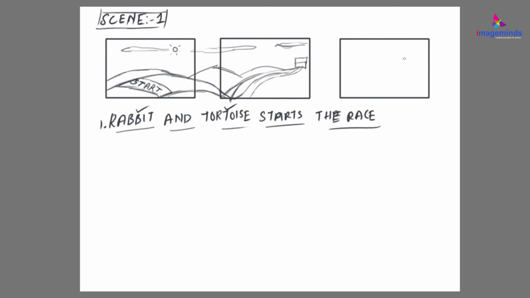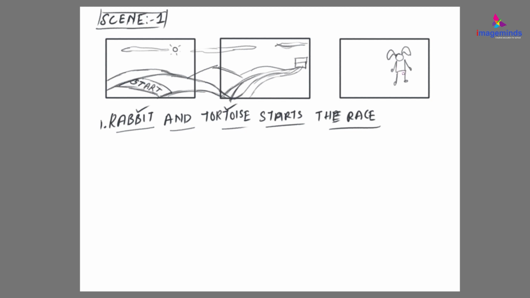For a storyboard, you don't have to draw a character very detailed. You can just draw a face, draw a square like this. Even just a stickman drawing is more than enough for a storyboard to make it look like a character that you want to show. You can draw a unique feature of the character.